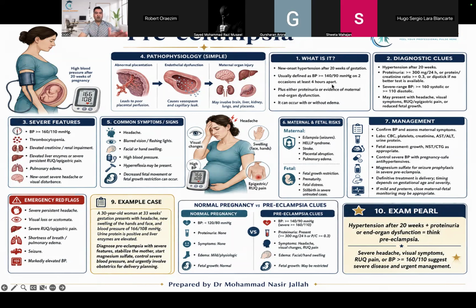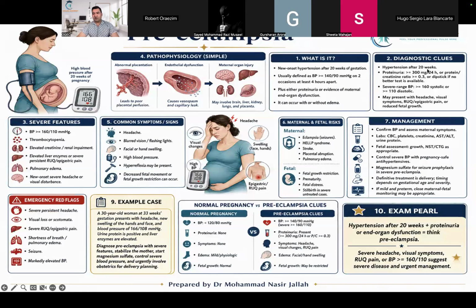If someone who is pregnant after 20 weeks of gestation develops hypertension above 140 over 90, and you check it twice, 4 hours apart, and still it is high, it is preeclampsia, plus either proteinuria or evidence of maternal end organ dysfunction. It can occur with or without edema.